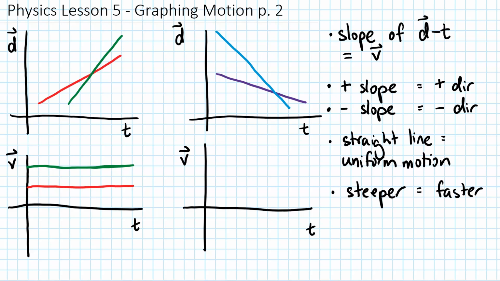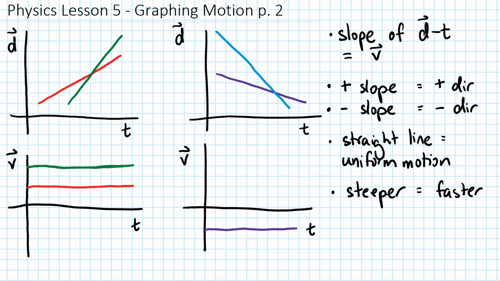Where are negative numbers? They're down in this area of the graph, right? So if I look at the purple line, I see that it's flatter or has less of a slope, or it's less steep, that is, than the blue line. So it has less magnitude, or it's slower than the blue line, the object described by the blue line.